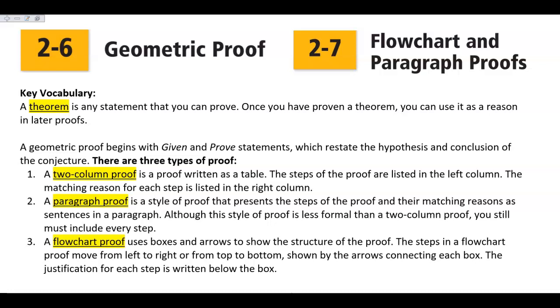A paragraph proof takes that two-column proof and writes it out as sentences, each line becoming its own sentence. And then a flowchart proof uses boxes and arrows to show the structure of the proof. We write the reasons underneath each box and the steps inside the boxes. We'll see an example of this later on in the lesson.